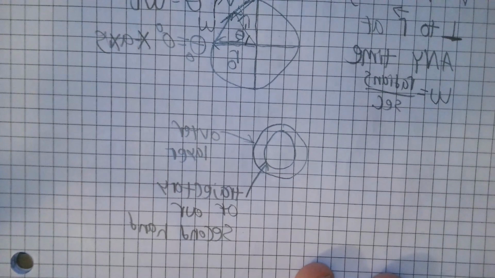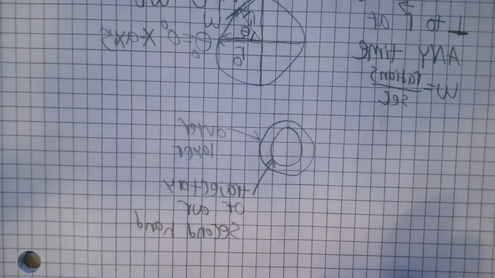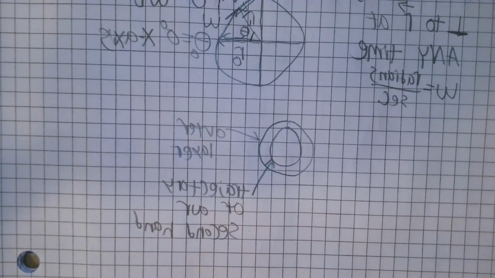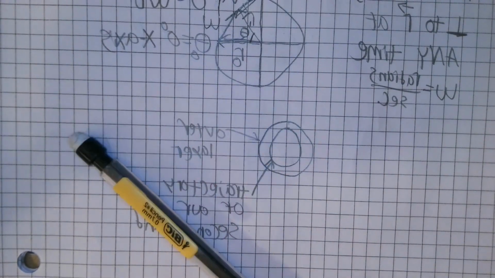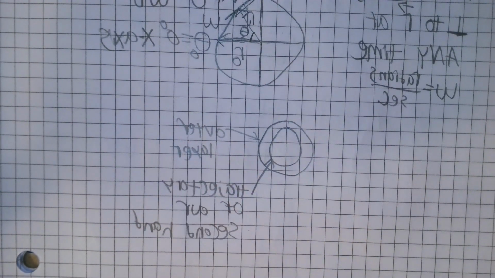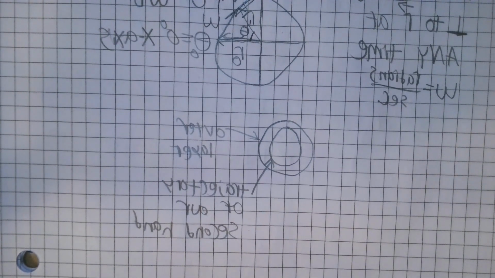I am going to look at the second hand because, to be honest, the minute and hour hand move really slowly. There are certain clocks where the second hand will move constantly, and it won't just tick, tick, tick, but it'll actually just move fluidly like that. And I'm going to be assuming that this clock is like that, just to keep things simple.